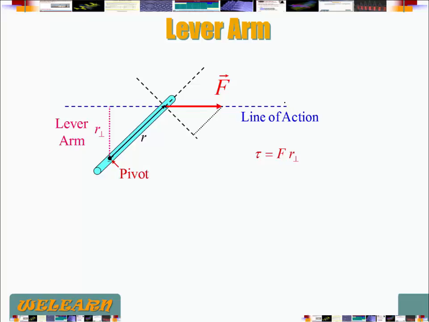Now the lever arm is actually this distance, what we call here R perpendicular. So the torque is F times R perpendicular in magnitude. In this particular case, that torque is going to rotate my rod in the clockwise direction, so it is a negative torque.